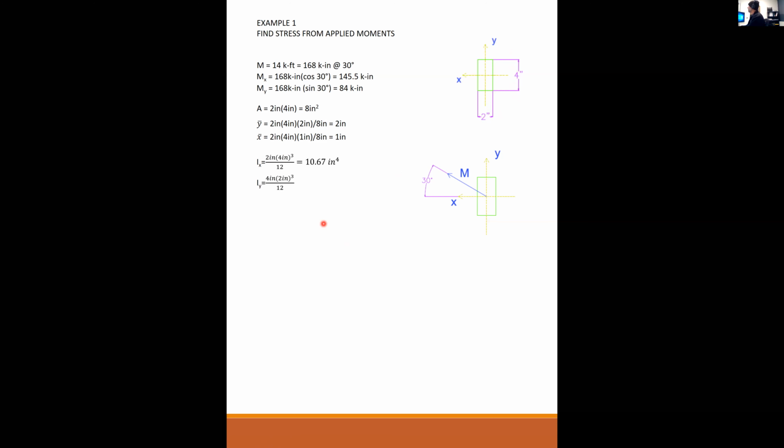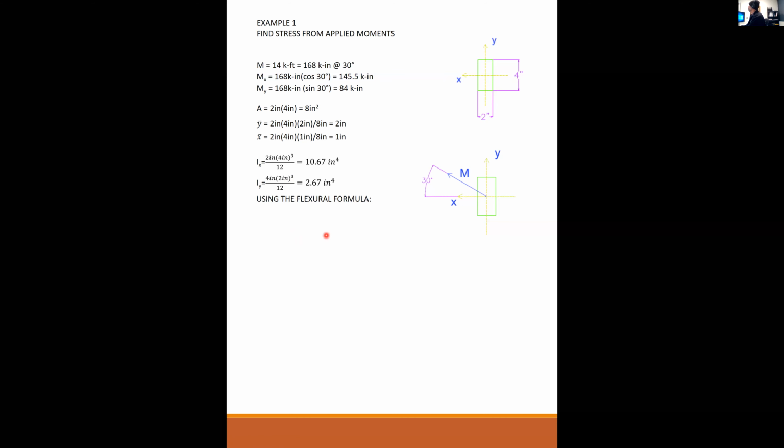About the y-axis, when I'm looking at the y-axis, then h is 2 and b is 4. Okay, so h is always perpendicular to the axis. b is always parallel to the axis. 4 times 2 to the third over 12 is 2.67 inches to the fourth.